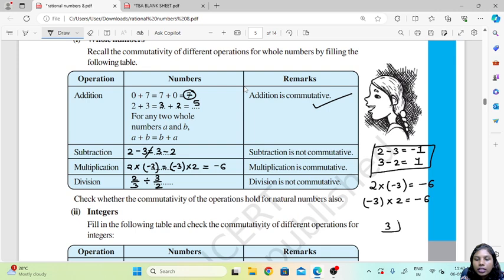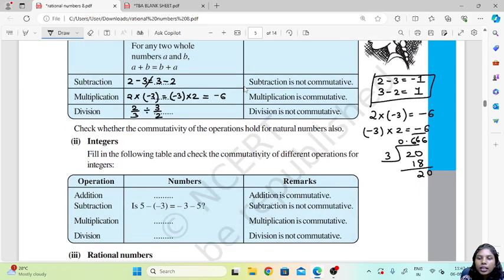Dividing 2 by 3, we start with 0, put a 0 and get 20, so 18 and 6, you get 2, and it is going to keep recurring. Now 3 divided by 2 gives the answer 1.5. So the answers are different: for one I'm getting 0.66 and for the other I'm getting 1.5.